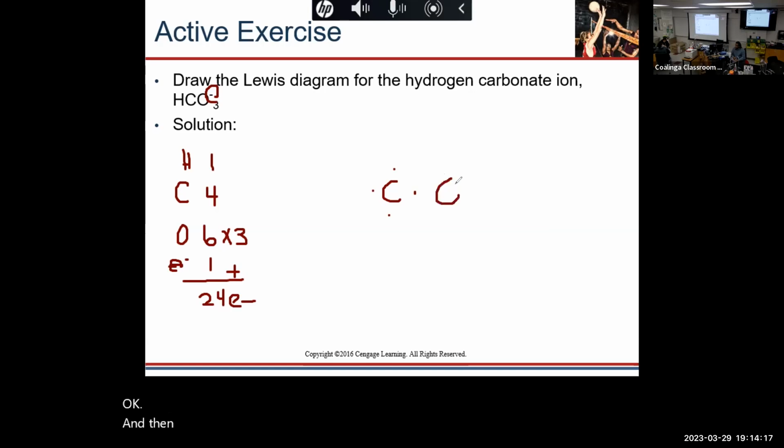And then oxygens each have 6. And then the hydrogen has 1.